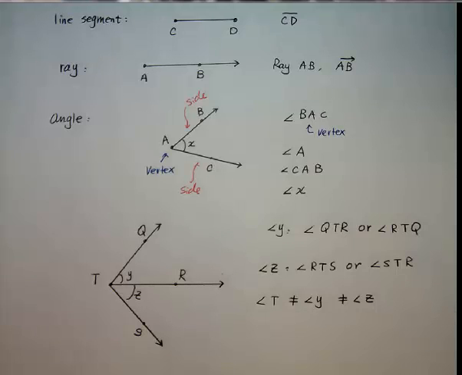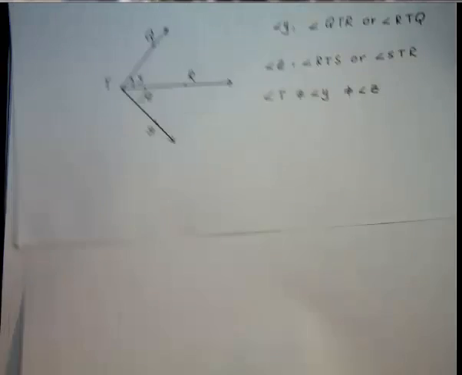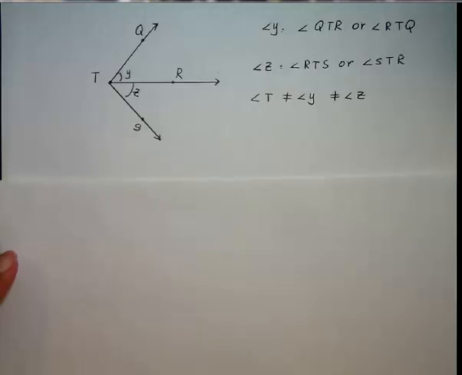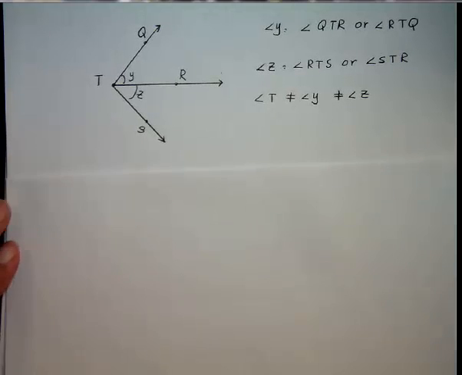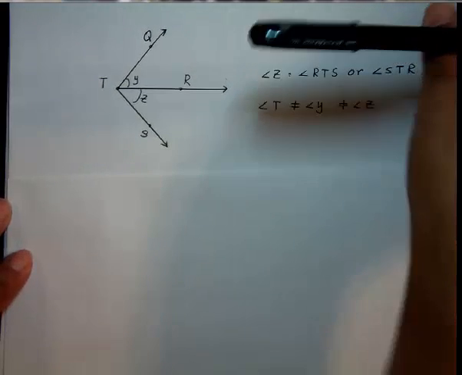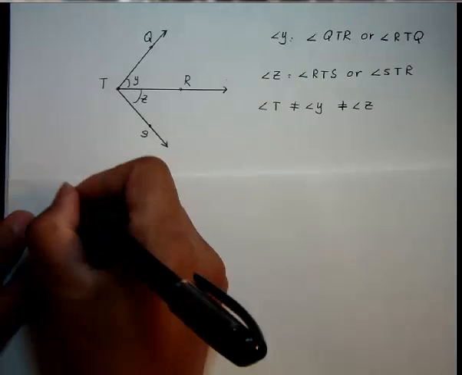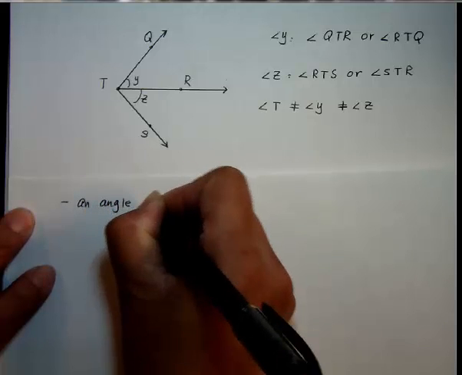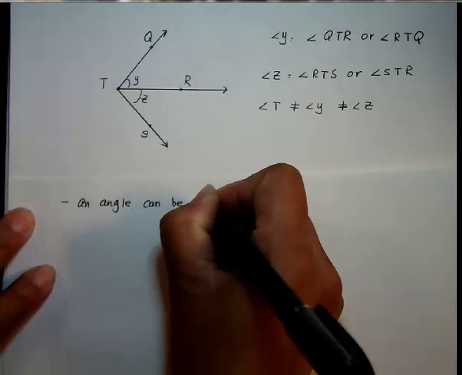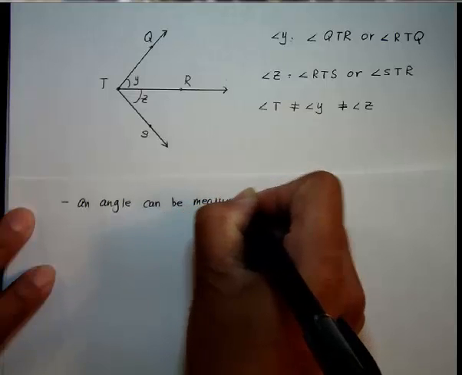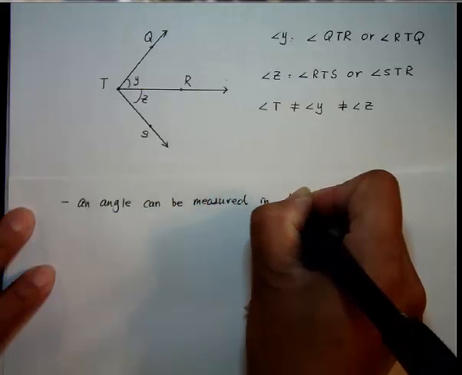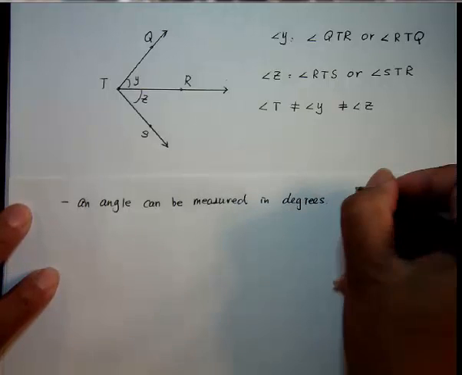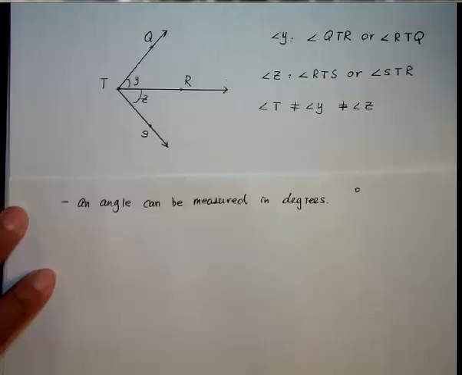Now, since we are talking about angles, let's see what kinds of angles we have. How do we measure an angle? An angle can be measured in degrees. A degree is shown with a little circle on top, so simple.